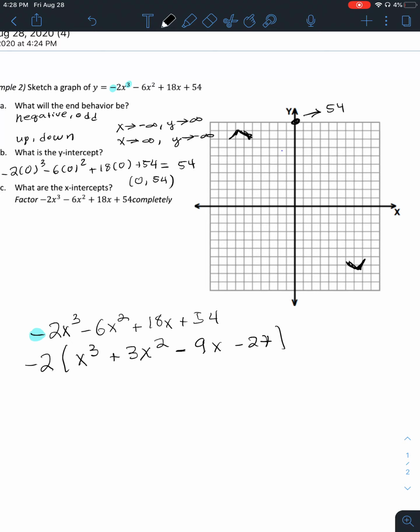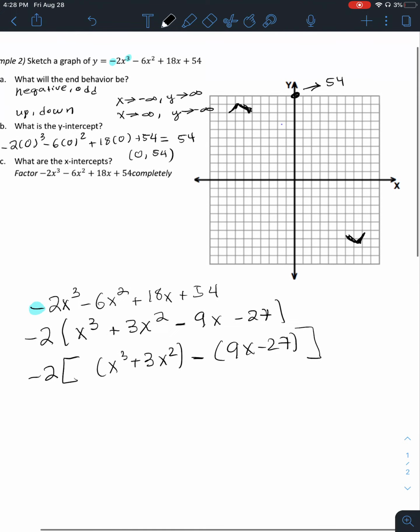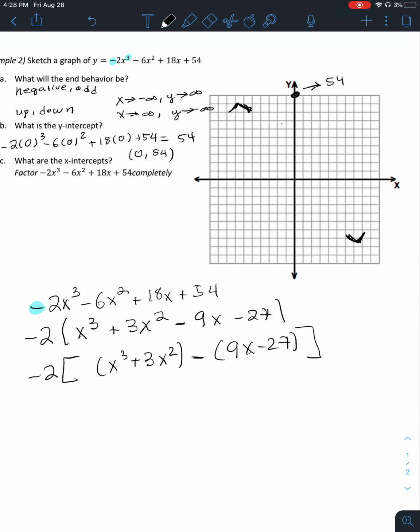We now have a problem that looks like factor by grouping. So we're going to go ahead and set up the procedures for factor by grouping, which I like to group the first 2 terms together, leave the minus sign alone, and group the next 2 terms. And as we can see, we're going to get -2 on the outside.